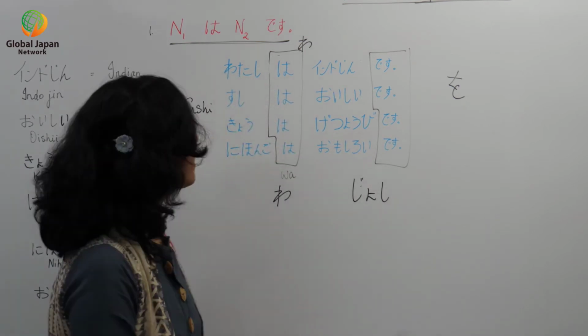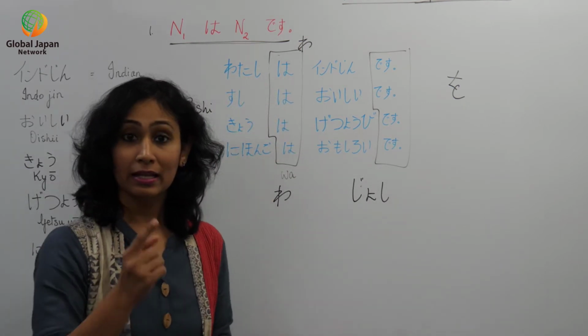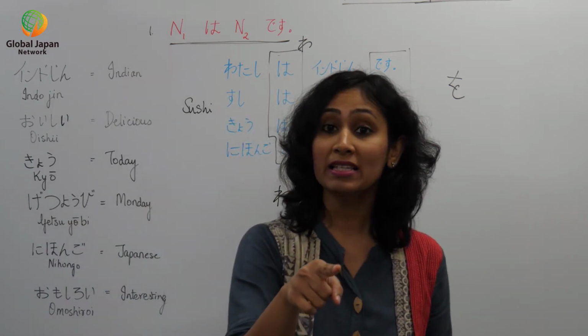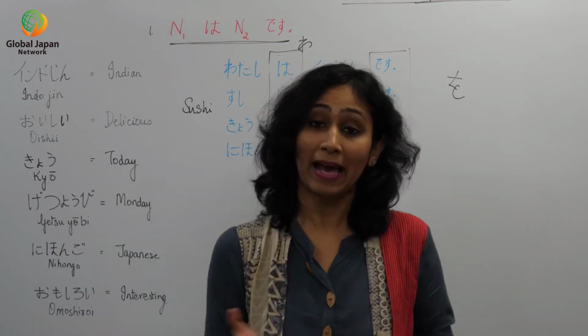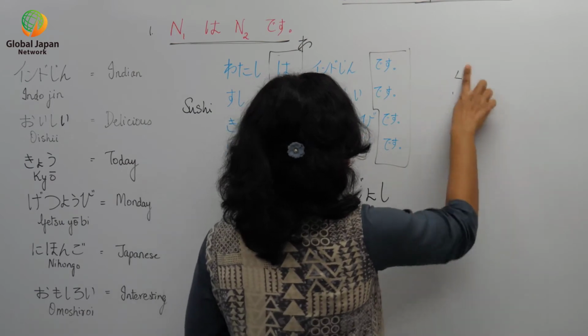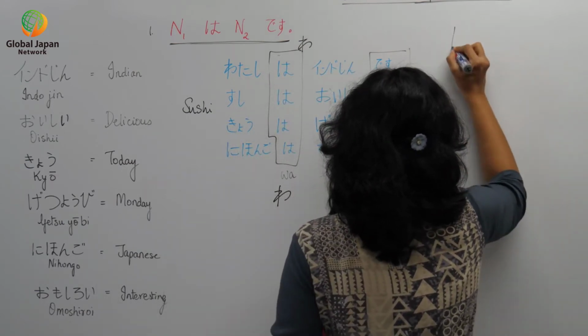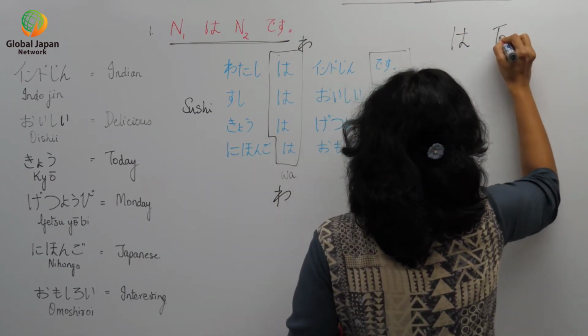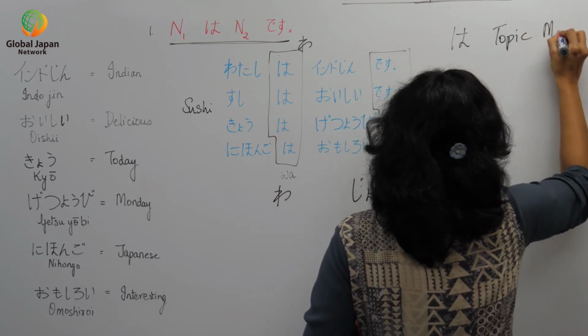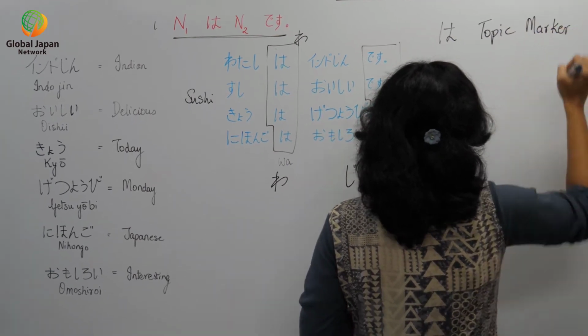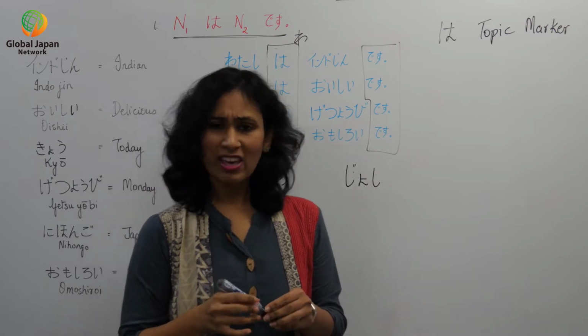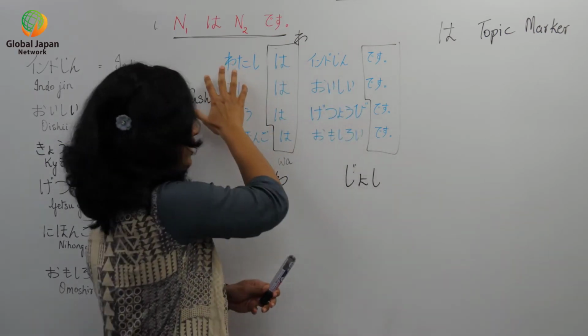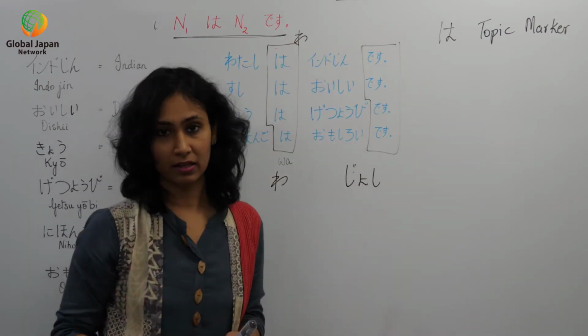So, wherever the particle wa is used, the word before it is going to be called the topic. Hence, you could call the particle wa the topic marker. Now, we've learned that there is something called subject, predicate. That much is understandable.